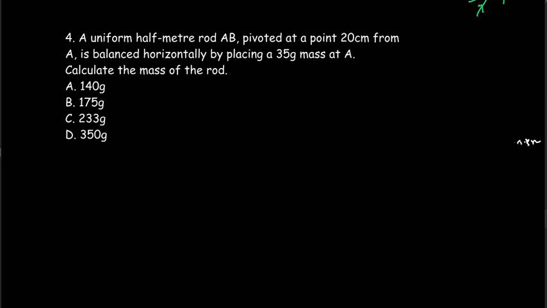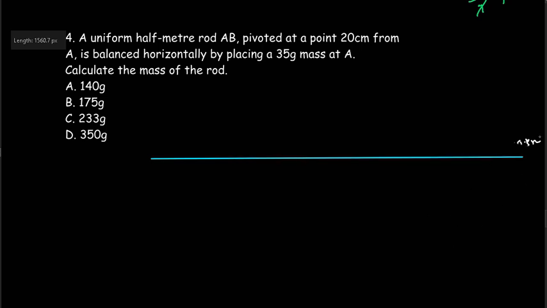So let's sketch our diagram for the meter rule. So the meter rule is pivoted at the 20 cm mark. Zero to 50, because it's a half meter rule, right? So because it's a half meter rule, we have 0 to 50 cm.